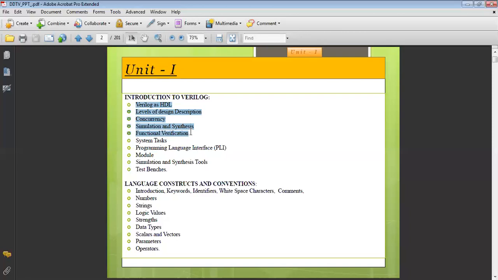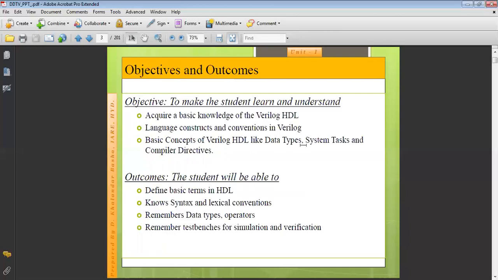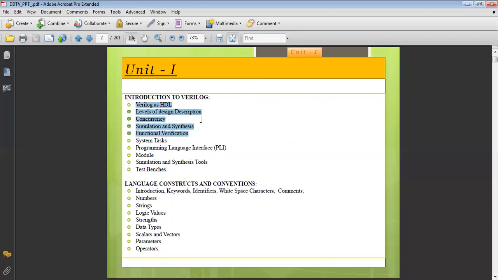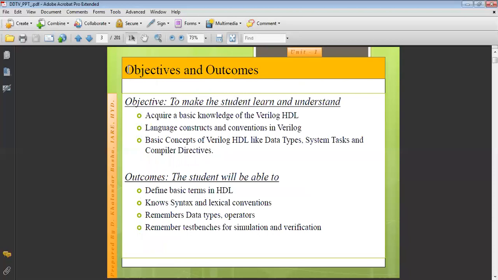Okay. In the last class we discussed the importance of the system design through Verilog subject. Before talking about the introduction to the Verilog language, first I would like to talk about the objectives and outcomes of system design through Verilog. What is the objective?